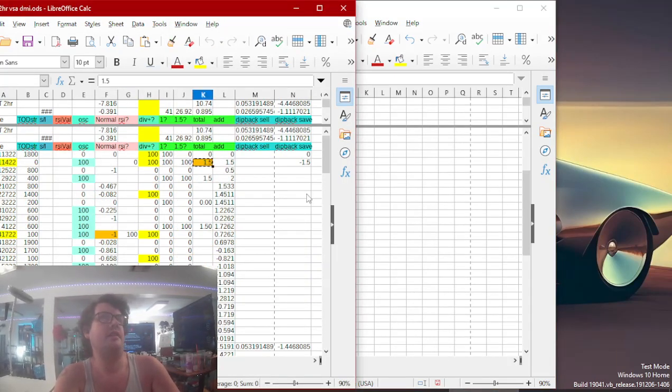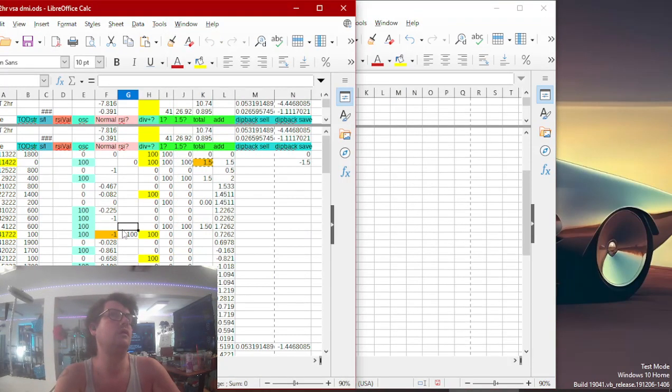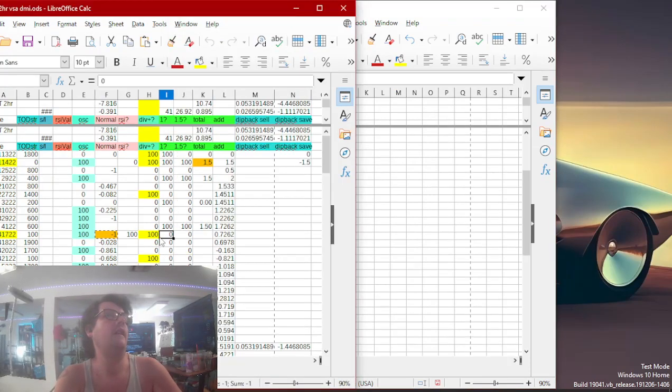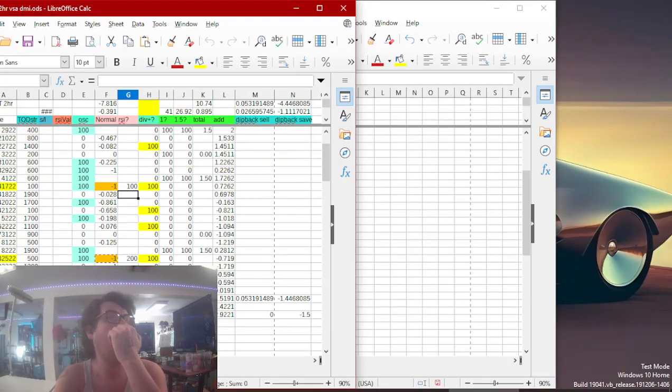So that's a 0, that's a win. It's a 100, that's a loss, the first loss for the 100. 200, that's a loss. Not a good average there. And this is a 0 that is a partial win.